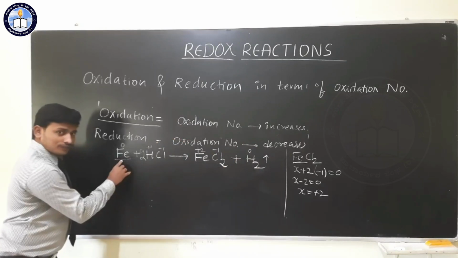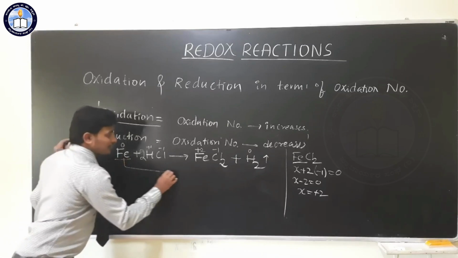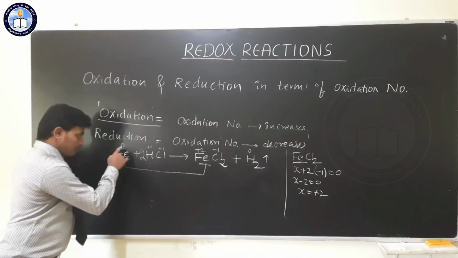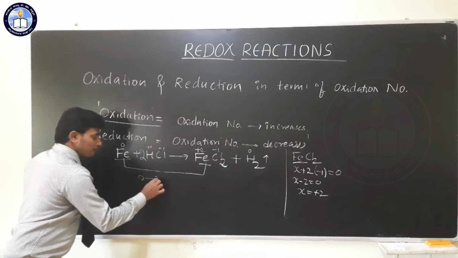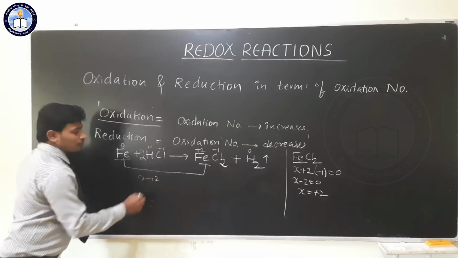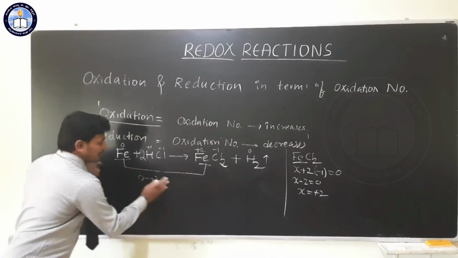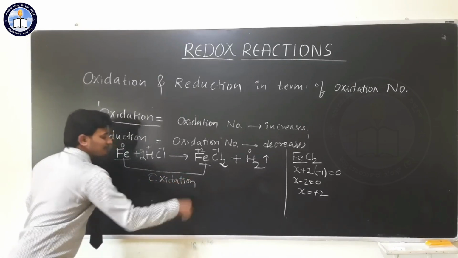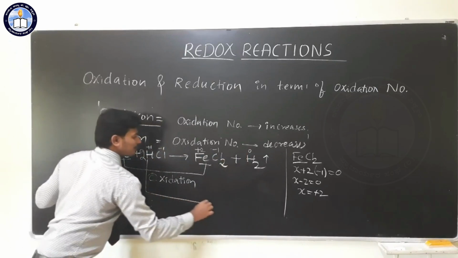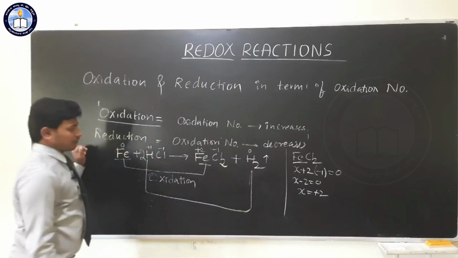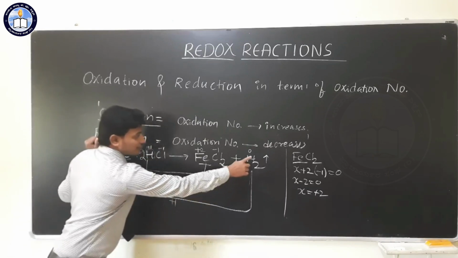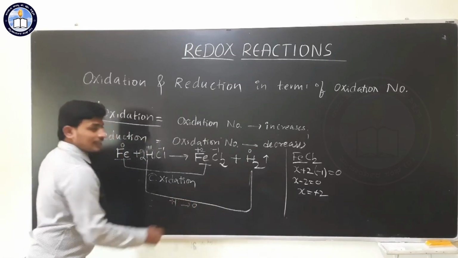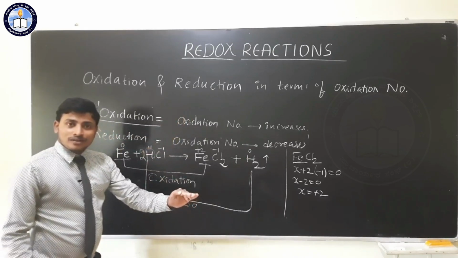Iron is 0. From 0 it turns into Fe2+. Oxidation number from 0 to 2. Increase from 0 to 2, that means increase in oxidation number, therefore it is known to be oxidation. In case of hydrogen, from plus 1 it changes to 0, that means decrease in oxidation number, isn't it?